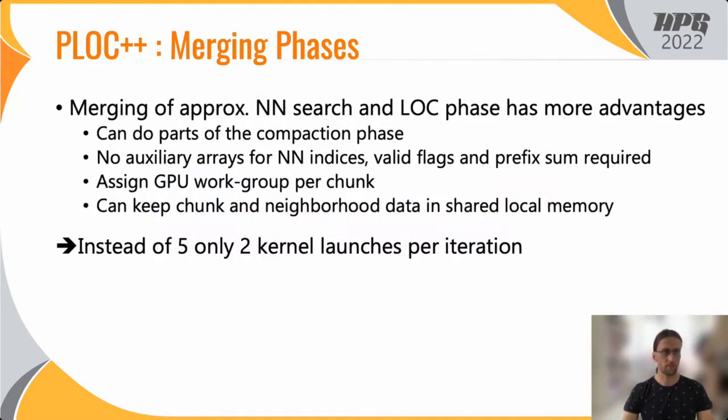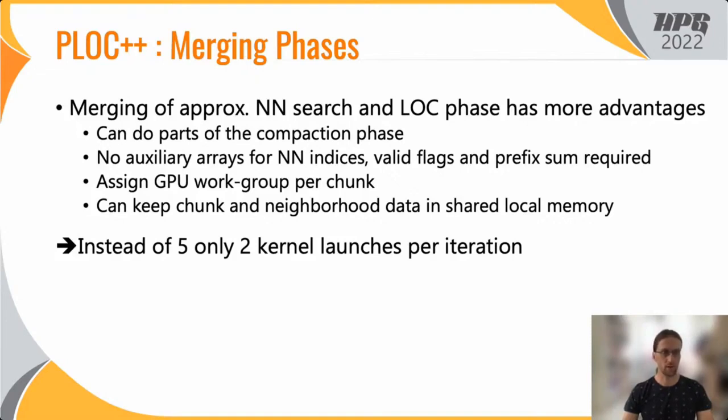Okay, so the processing of independent chunks in combination with the merging of the nearest neighbor search and the locally ordered clustering phase has more advantages. What we can do is we can do parts of the compaction phase in this merged phase as well, which reduces the actual compaction phase to just a lightweight version. Also, we don't need the auxiliary arrays anymore, right?